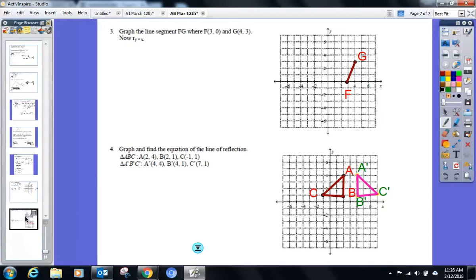Go ahead and graph segment FG right now. And somebody help me out.